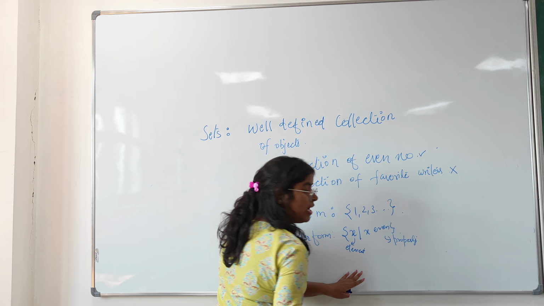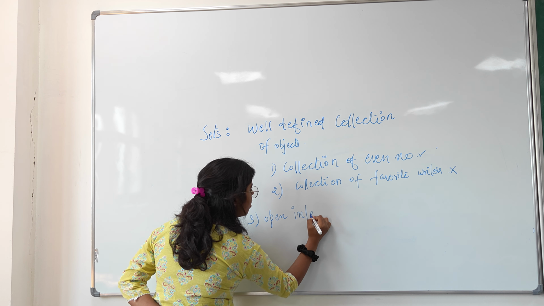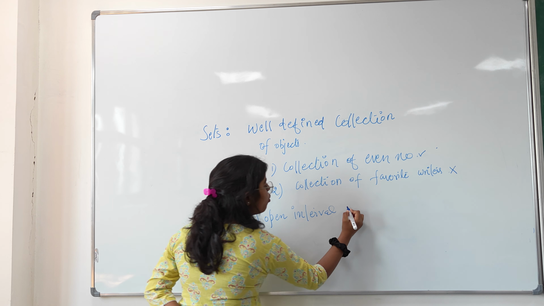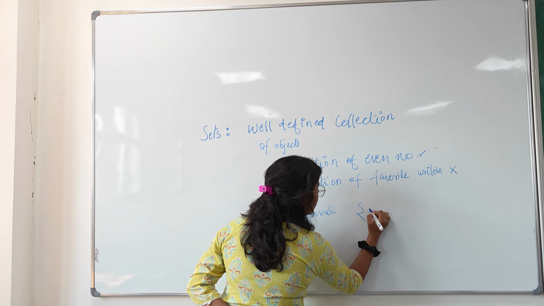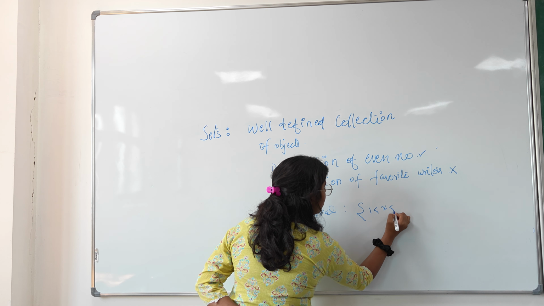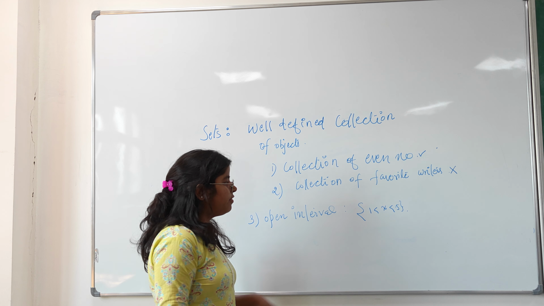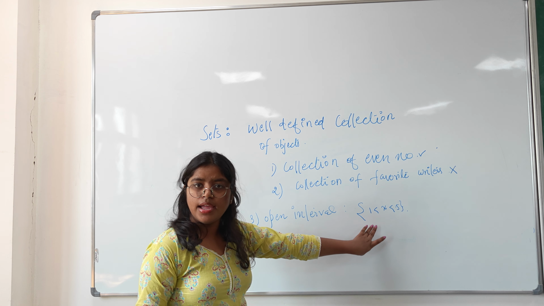We can also write it as an open interval. In the open interval, x does not contain 1 and 5, and x belongs to the natural numbers. If it does not contain 1 and 5, we can write 1 to 5, and it will consist of the elements 2, 3 and 4.